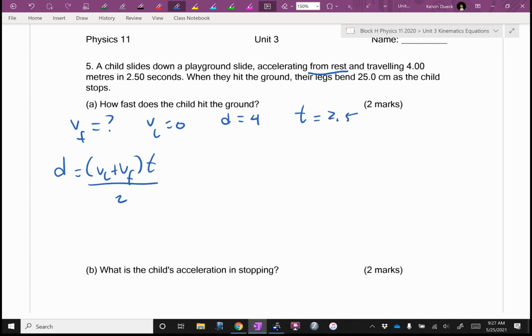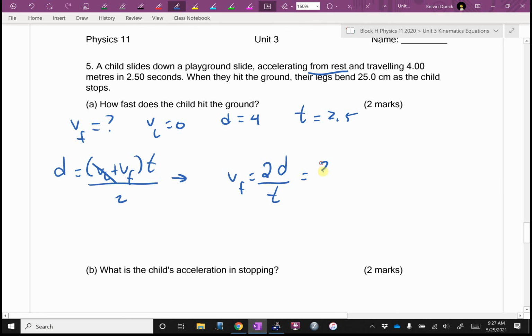Okay. So I said VI is 0, so I'm going to get the VF by itself. I think it's going to be 2 times D over T, and then technically it'll be minus VI, but since VI is 0, I didn't care. That's going to be VF.